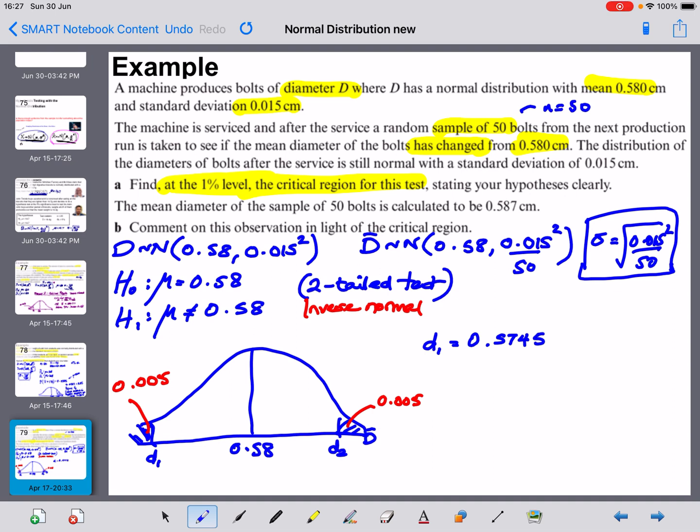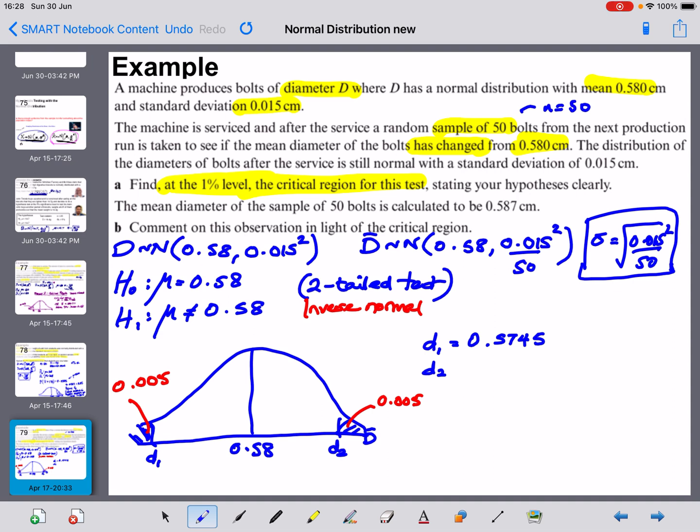Okay, now for D2, you've got two options. You can either substitute area is 0.995, remember you need the area to the left, so it's going to be 0.995, or alternatively, you could just use the symmetry, because remember this is symmetrical about the mean, so you could just work out how far D1 is away from the mean and then add it on.